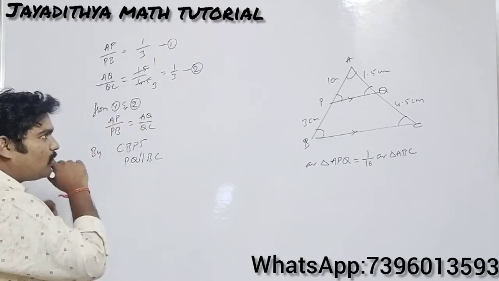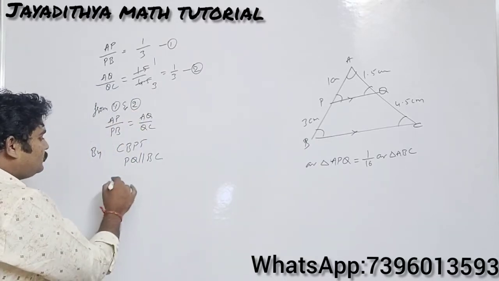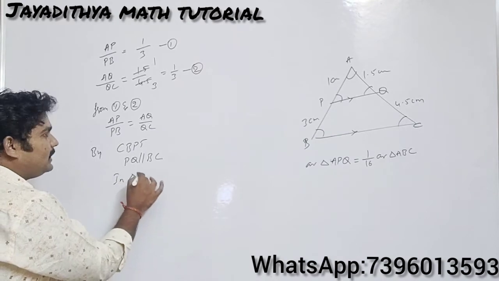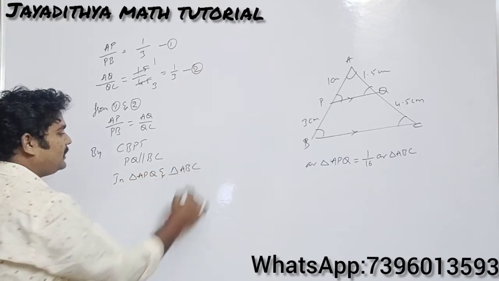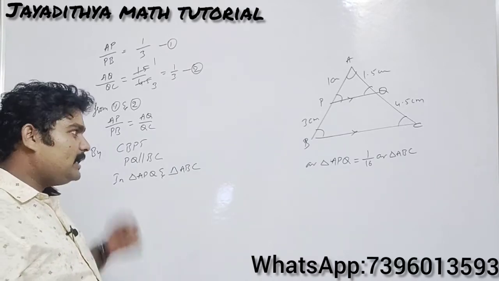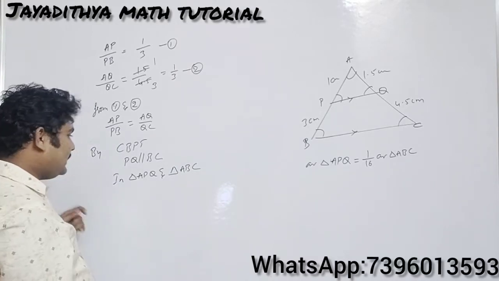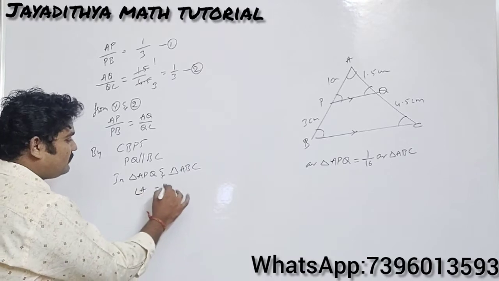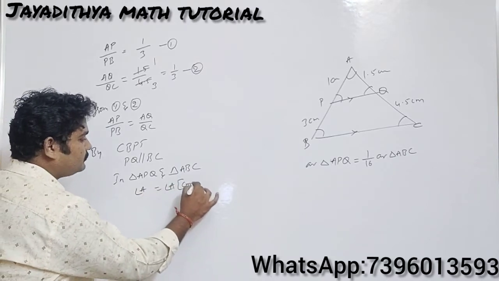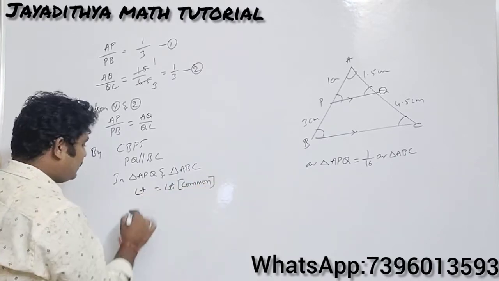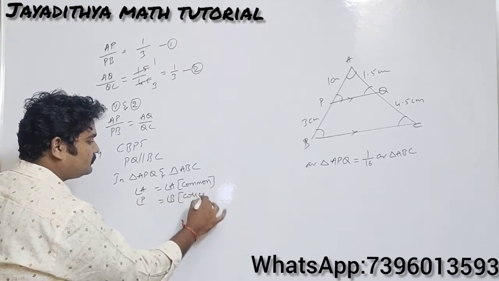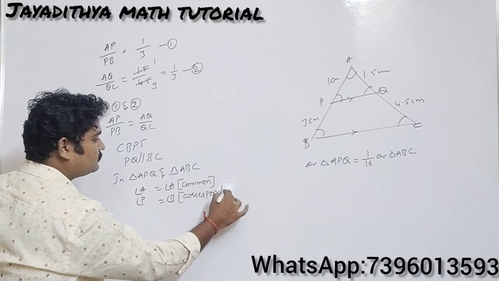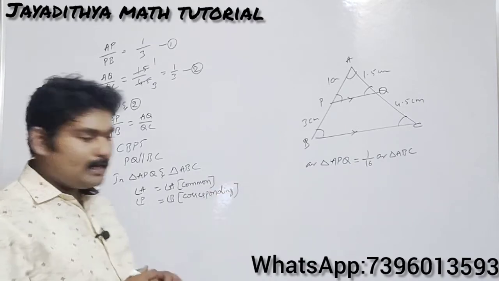So for that reason, let us see here. In triangle APQ and triangle ABC, what can you say here? Angle A is equal to angle A, that is common, and angle P will be equal to angle B, that is corresponding angles.